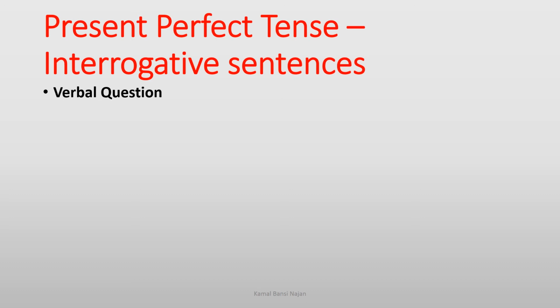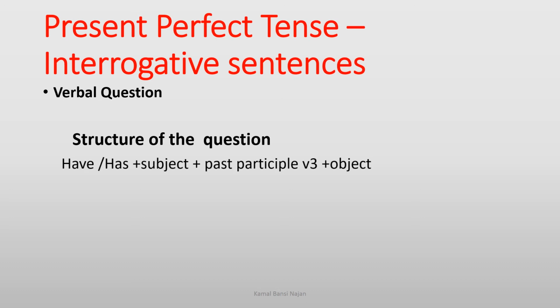For verbal question, structure of the question is have or has plus subject plus past participle, that is verb 3, plus object. We have to start or begin our question with have or has.